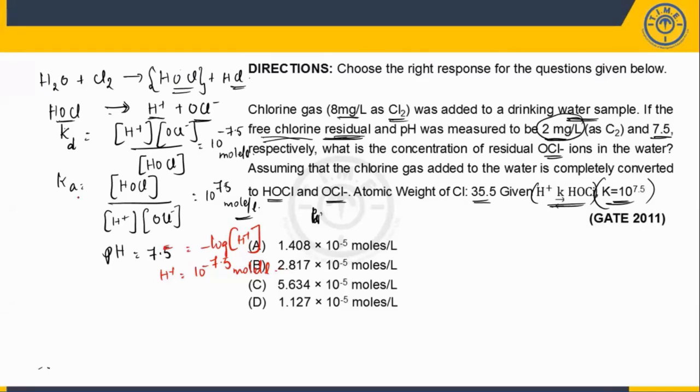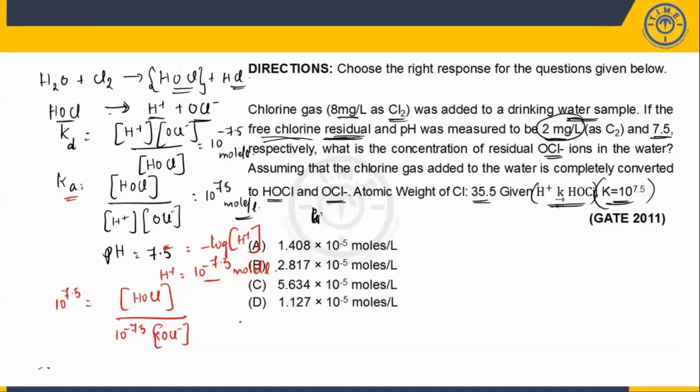And we also know Ka. Ka is how much given to us? 10 power 7.5 is equal to HOCl upon H plus. We know H plus is 10 power minus 7.5, into OCl minus.